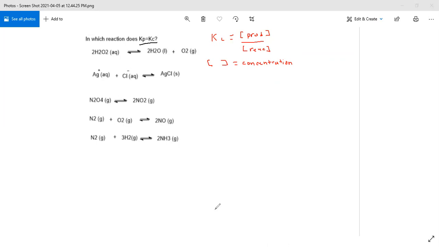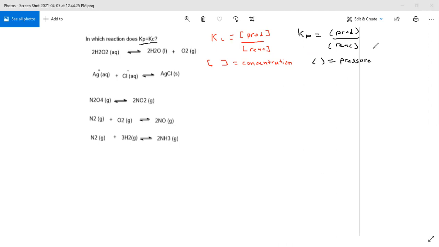Now our Kp shows us the pressure of products over the pressure of the reactants. So these parentheses show us that it's the pressure of the products and the pressure of the reactants which are being measured.